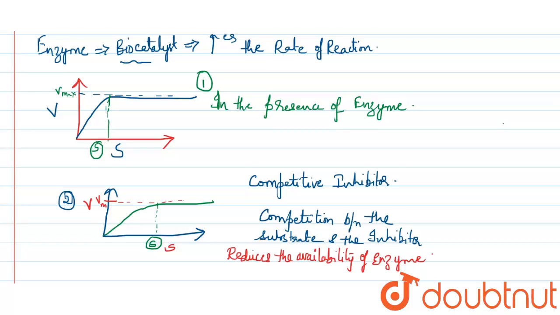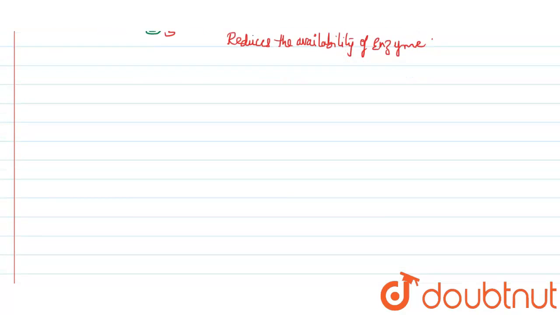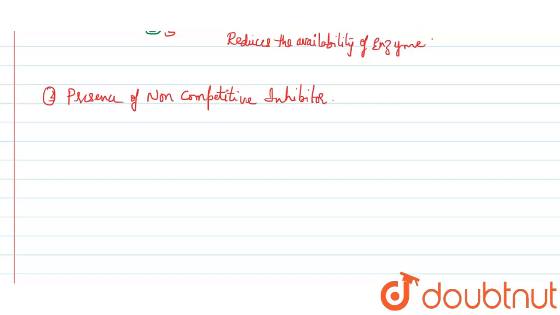And the next condition is the presence of a non-competitive inhibitor. This is the third condition. In a non-competitive inhibitor, there is no competition between the inhibitor and the substrate, but the inhibitor reduces the activity of the enzyme.